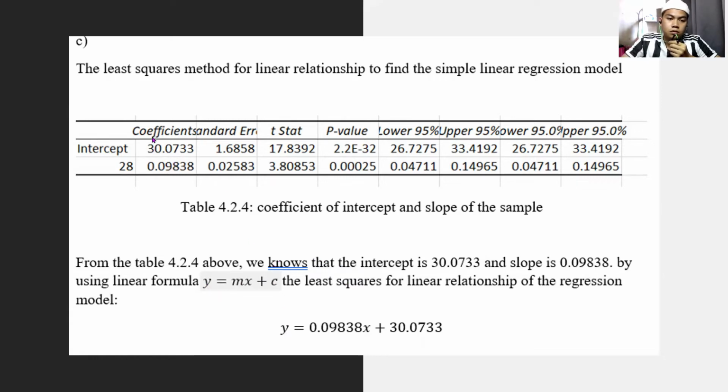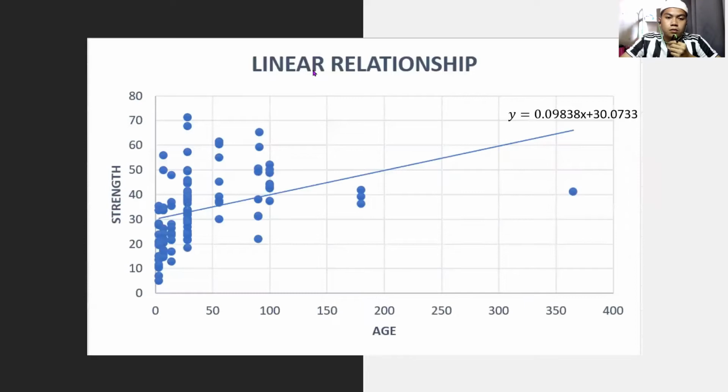So we just insert the value for slope and c, so we get this equation, which is y equals 0.09838x plus 30.0733. So this is the linear relationship diagram, straight line diagram. We intercept at 30.